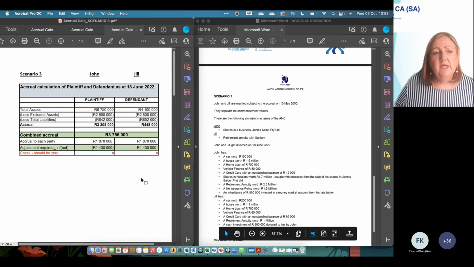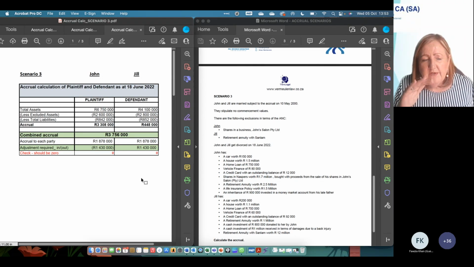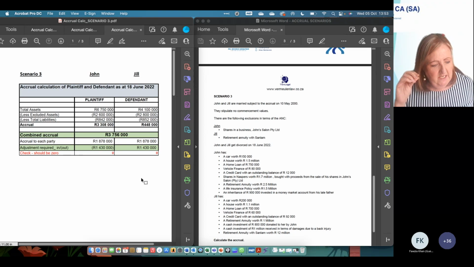Okay, so on this calculation, the principle is again the same. So just to run through it quickly again, at the end of the day, John has got an accrual of 3.3 million and Jill has got an accrual of 448, which gives you a combined accrual of 3.756.